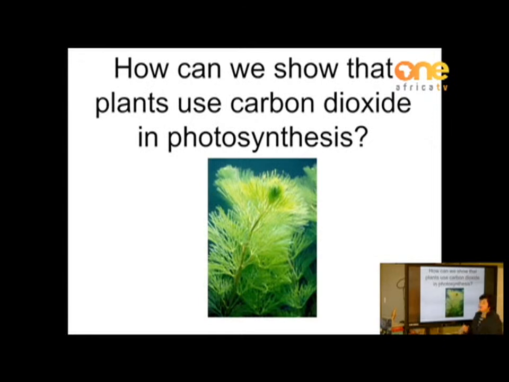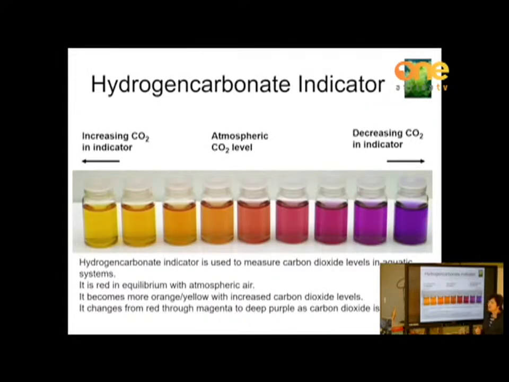Now, today we are going to think about how we can show that plants use carbon dioxide in photosynthesis. And this is a completely other experiment that we are going to look at. We are going to look at plants inside water, and we are going to use hydrogen carbonate indicator.